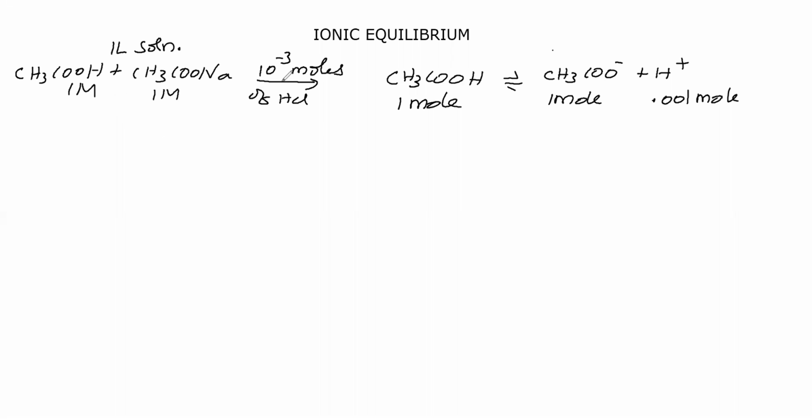Sir, now we are adding HCl. HCl is a strong acid. It will dissociate completely and give H plus ions. Then the species present in the buffer solution will remove the H plus provided by HCl. Removing in the sense consuming.